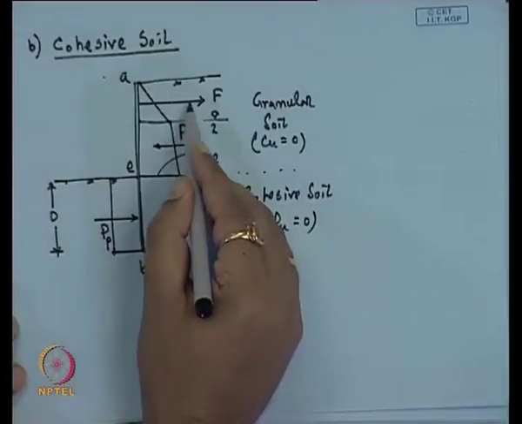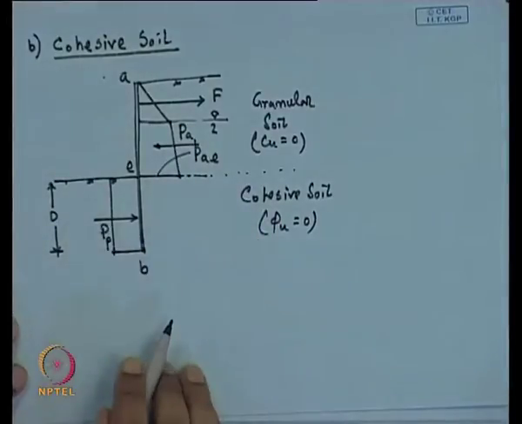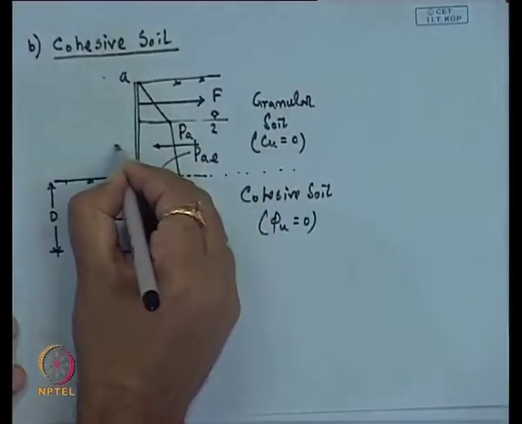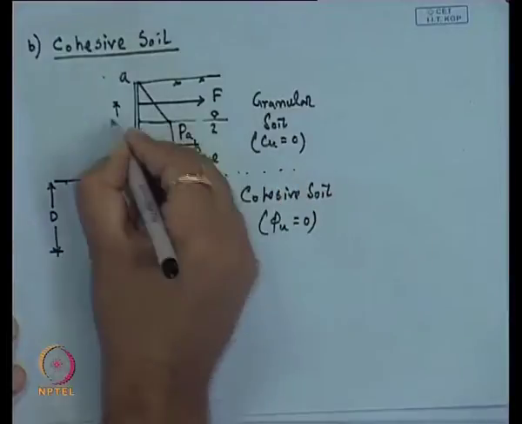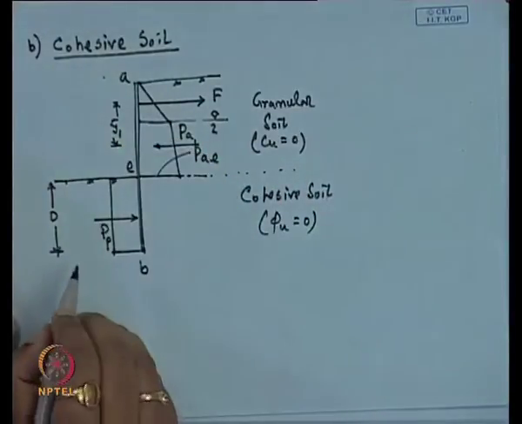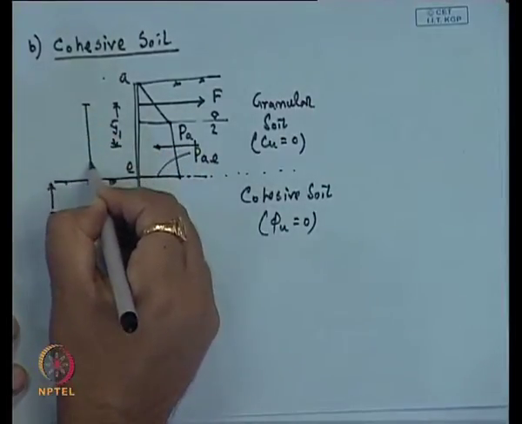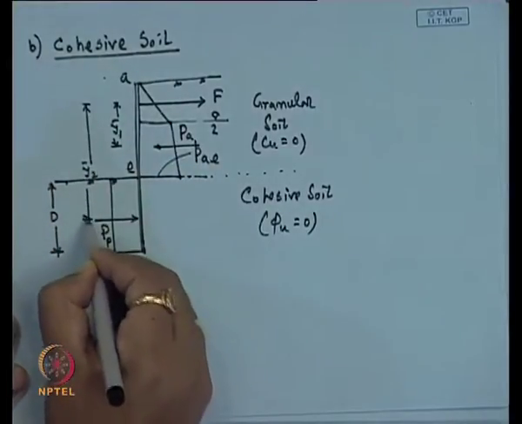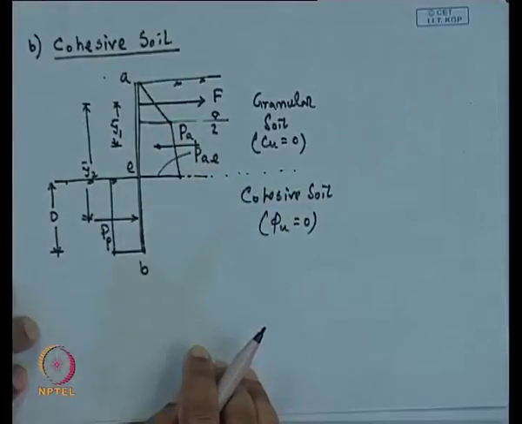So, again F anchored force, active force and passive force. So, these are the forces that will act. Again, the distance from the rod level to this active force is y 1 bar, and for the passive force, this is y 2 bar.